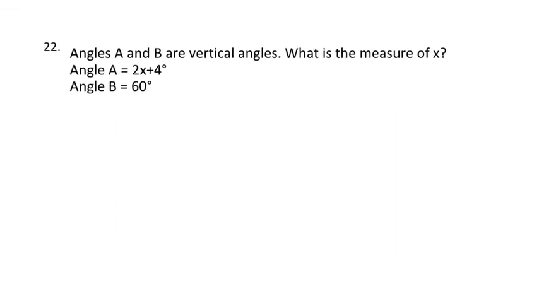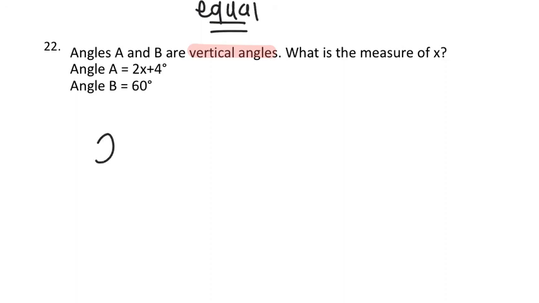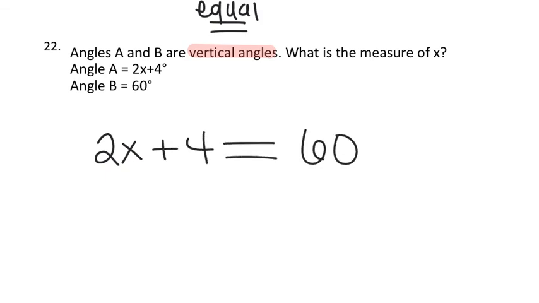Number 20. Angles A and B are vertical angles. Okay, what is the measure of angle X? All right, something you need to know about vertical angles. Y'all, vertical angles are equal. So make sure you know vertical angles are equal. So when I write this down, I would set both of these angles equal to each other.